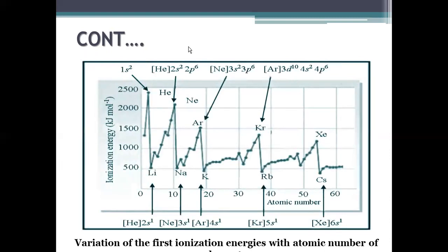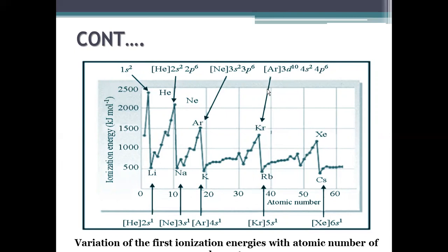Always, your noble gases show the highest ionization energy and your alkali metals show the lowest ionization energy. You can see what the reason is. It is showing the stable configuration, therefore you have to provide more energy. The stable configuration means it has the highest nuclear effect, therefore it is able to hold together very strongly.